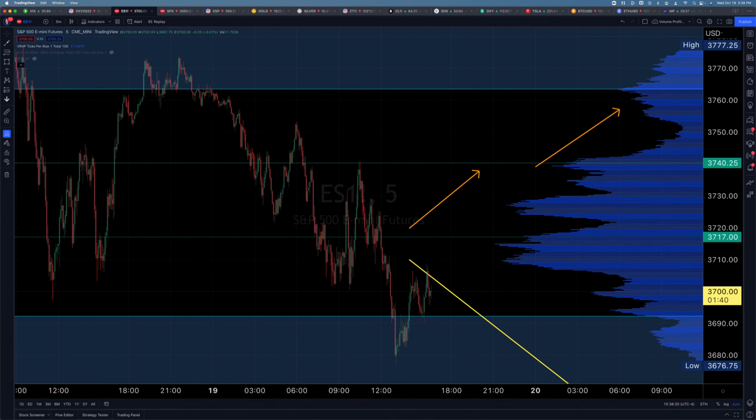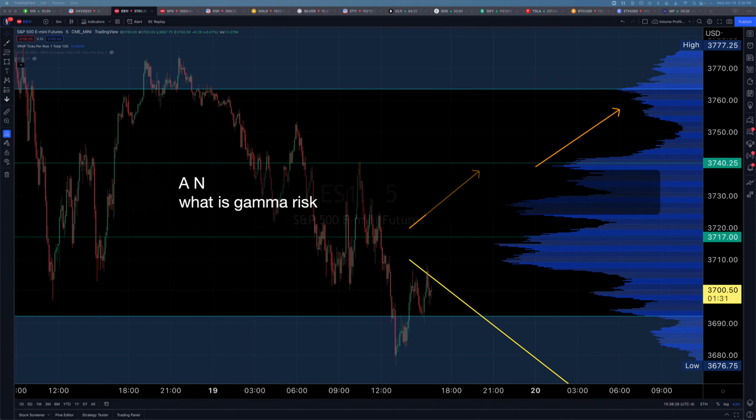So let's get back to AN's question. What is gamma risk? So gamma, it's a Greek designation, one of the option Greeks, and it is a measure of the price sensitivity to delta. All right, well, that's a mouthful. What does that mean? So delta is price movement.